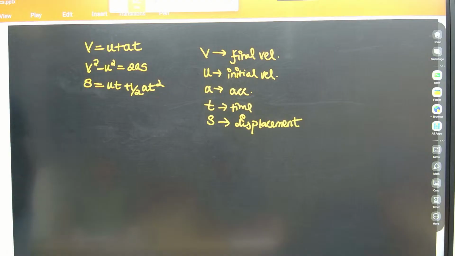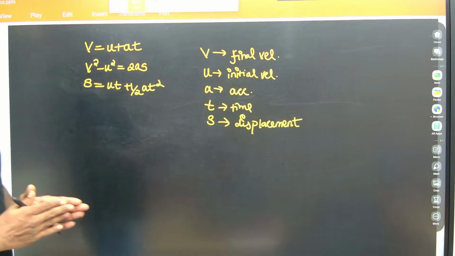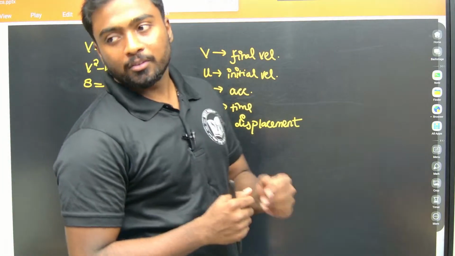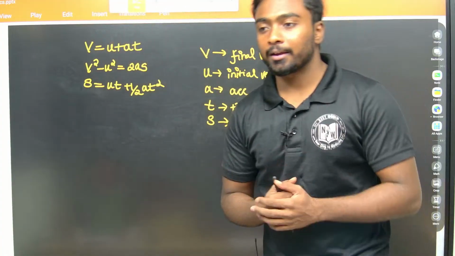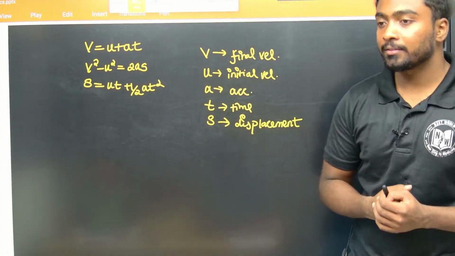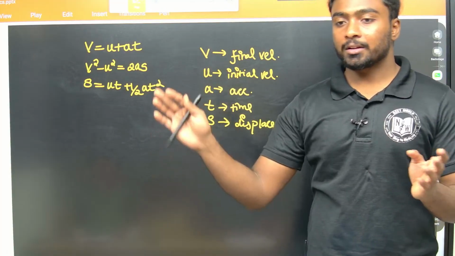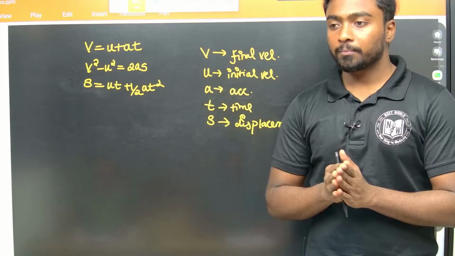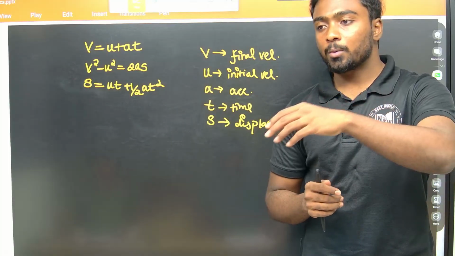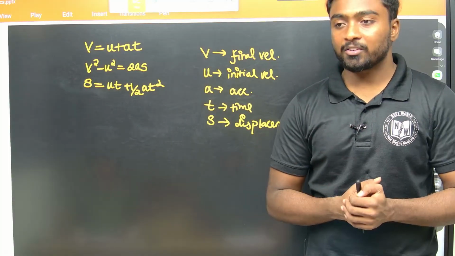So there is one more equation. So if they are asking what is the displacement of a particle in t seconds or nth second, okay, nth second in the sense like a particle is moving constantly with some velocity or anything, at time t equals 8 seconds, what is the displacement?